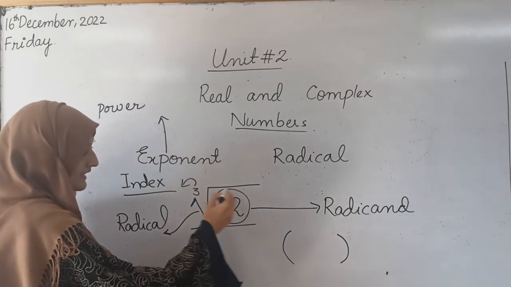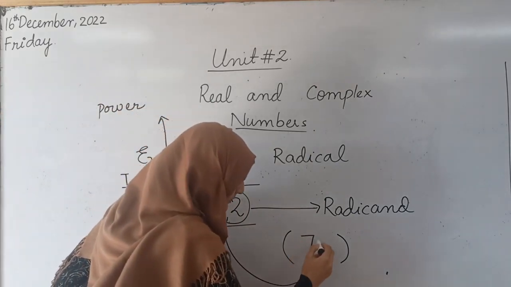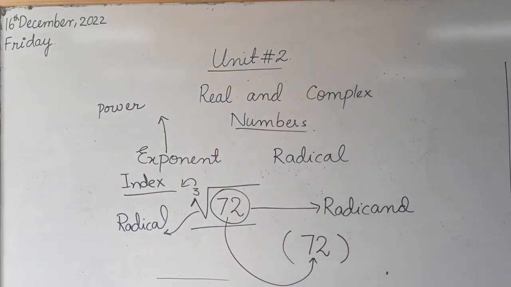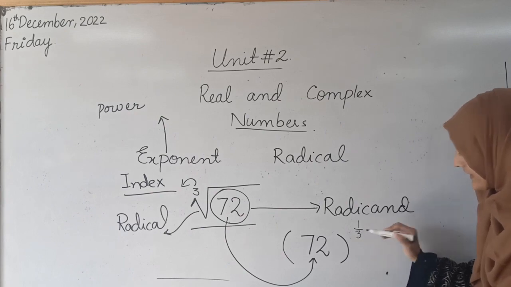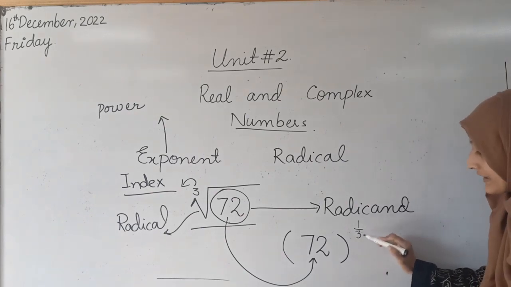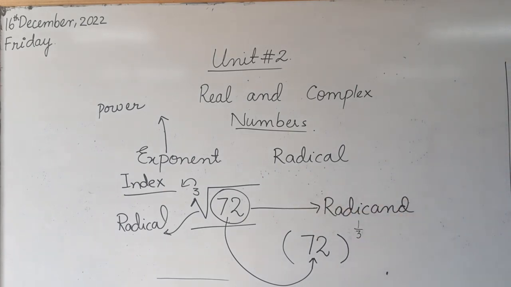The radicand is always written inside this bracket, 72, and we write the index in the form of exponent, 1 over 3, always. 72 raised to power 1 by 3 is the exponential form of the cube root of 72.